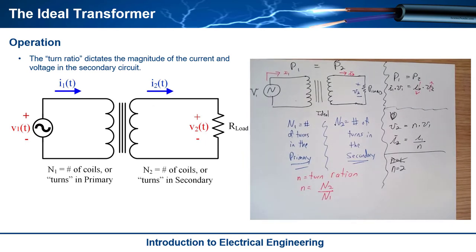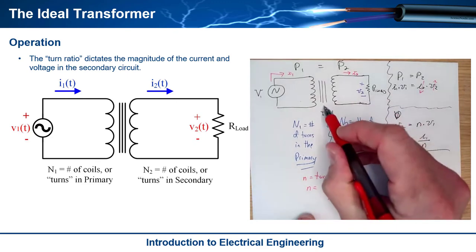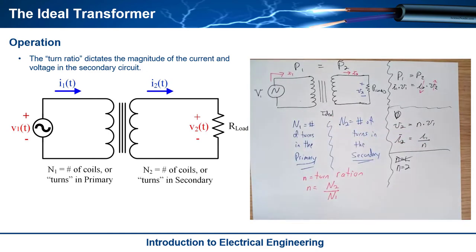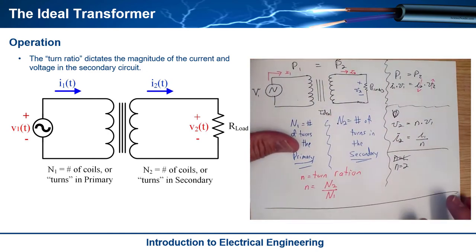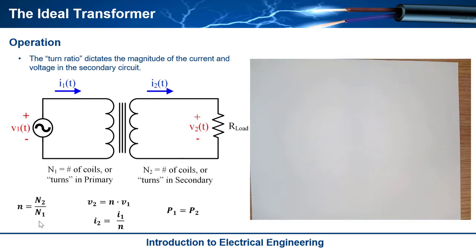So we want to take generation and step it way up as we transmit it, and then as we get near cities we want to step it down, and then when we get to a house we want to step it down even further in order to make it safe. And so we use transformers all over the place in order to handle this stepping up and stepping down of our AC power grid. Okay, so let's do an example using the equations that we now have. So we have the turn ratio, we have the relationship between V2 and I2 based on V1 and I1, and the turn ratio.